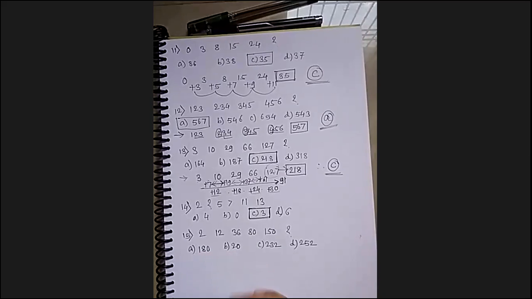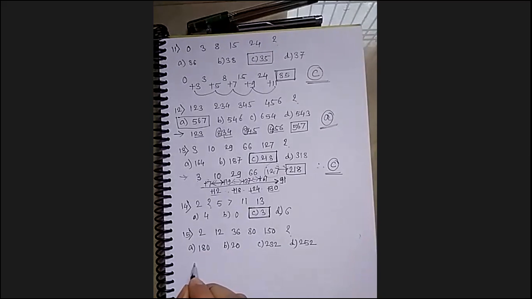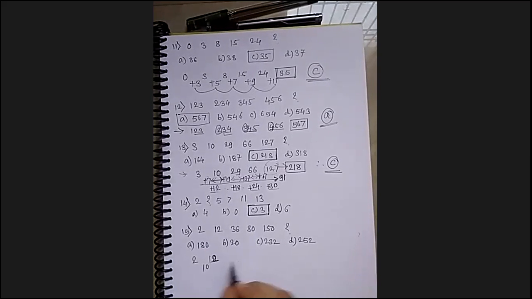Fine. Okay. So 2 10 is 12, right? 12 24 is 36. 36 44 will come 80. 80, 70 will come 150.